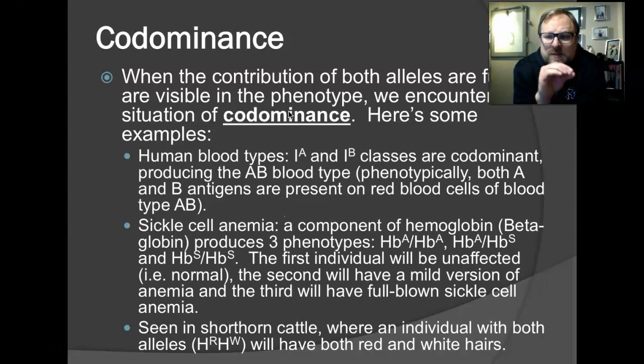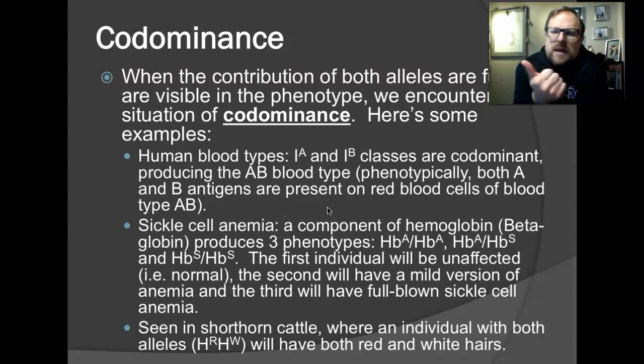Okay, they're fully visible. That phenotype is fully visible for both traits or both alleles, if the individual is heterozygous. Okay, so when the contribution of both alleles are fully visible in the phenotype, we encounter codominance. And so some examples of what this might look like, and this is probably the biggest one. We studied blood types last year in Bio 20, and we studied the ABO blood types.